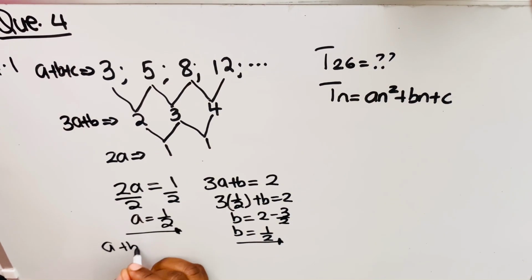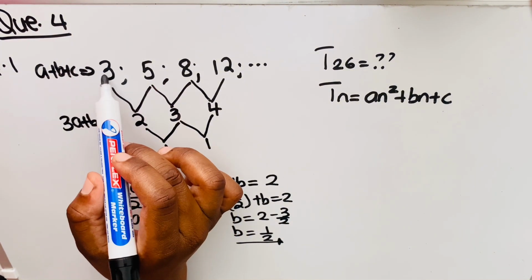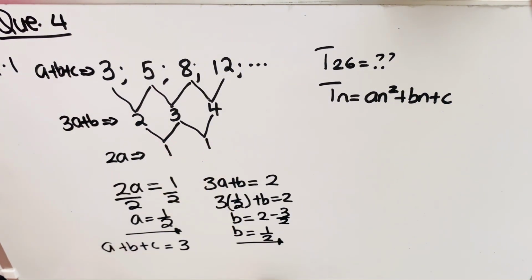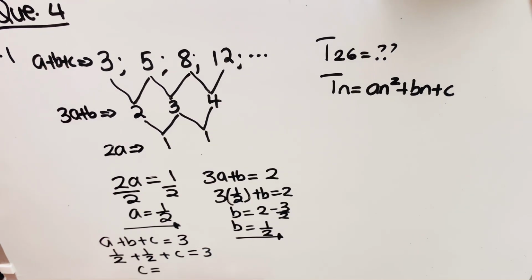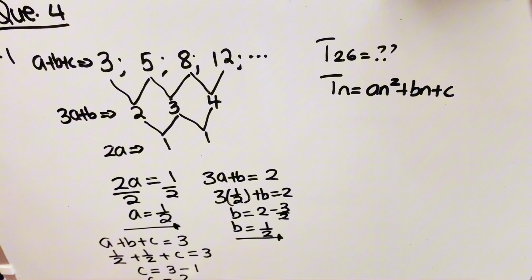Then a plus b plus c equals the value of the first term in the sequence, which is 3 in this case. A is 1 over 2, b is 1 over 2, so half plus half is 1, transpose 1 to the other side to become negative 1. C equals 2.